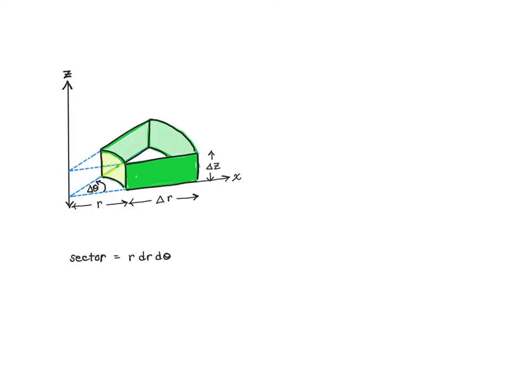So we're looking for the volume, and we're going to find the volume by summing up all of our little delta volumes. And our delta volume, well, let's take a look. We're going to have to look at the base of this. If we look at the base, what we have is a section of a sector.